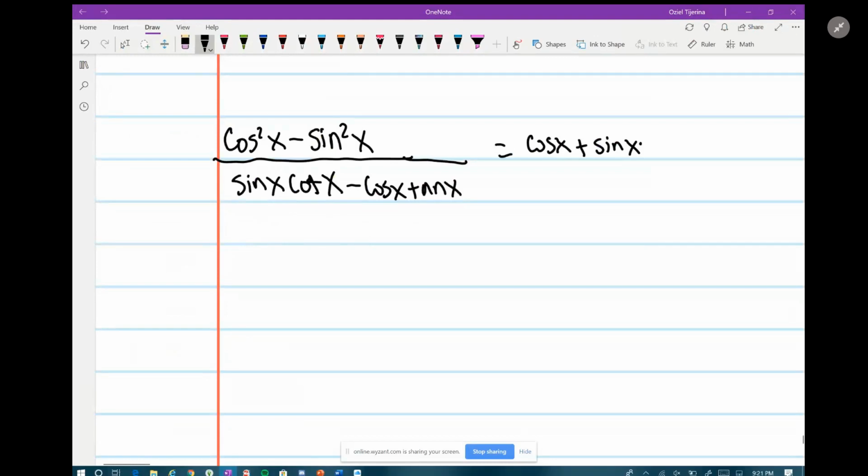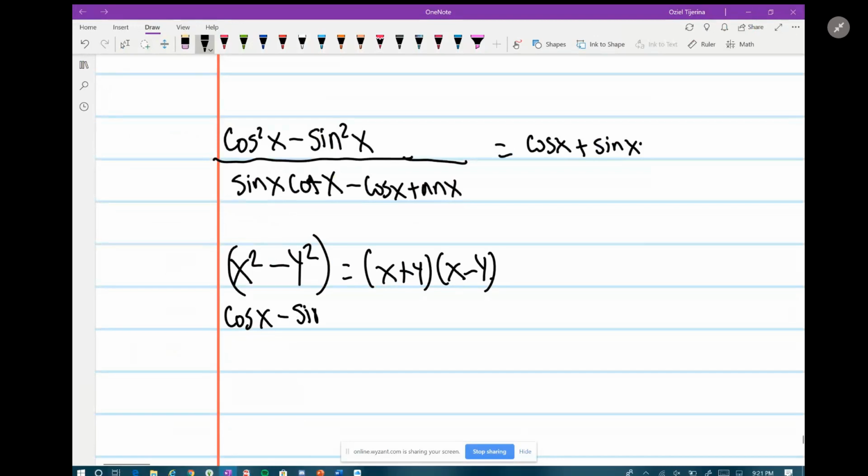This is like saying x squared minus y squared, which is going to be equal to x plus y times x minus y. So this is going to be cosine of x minus sine of x times cosine of x plus sine of x.